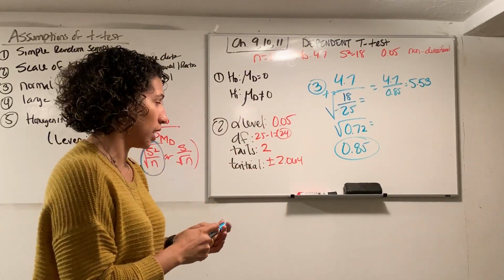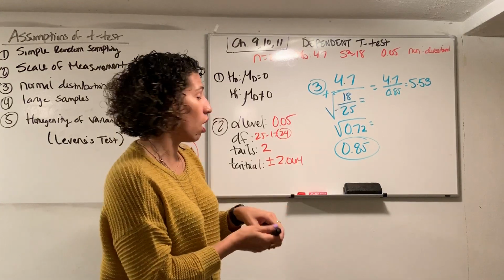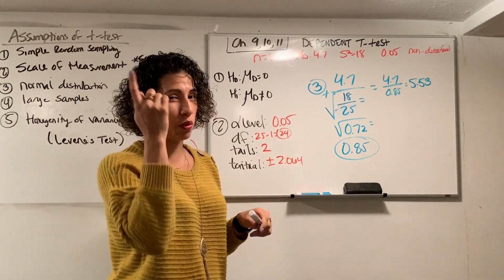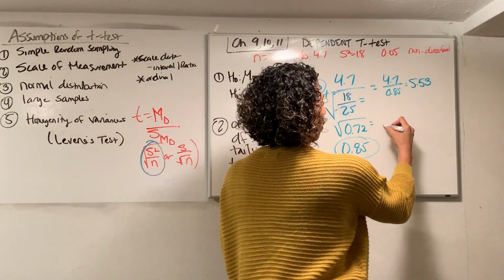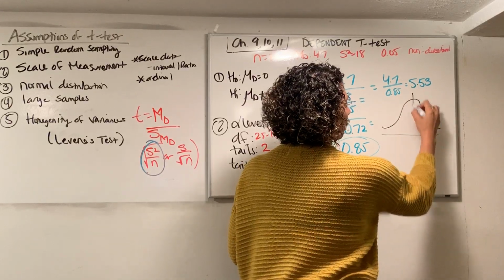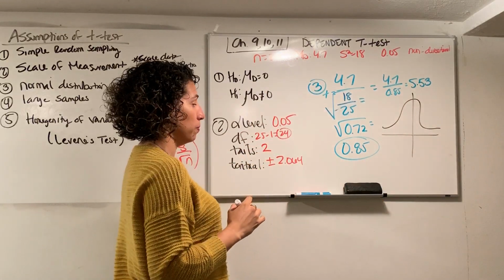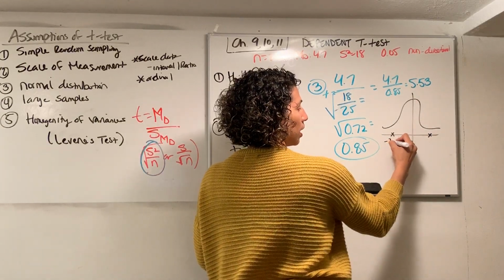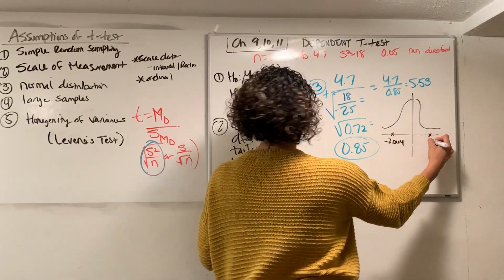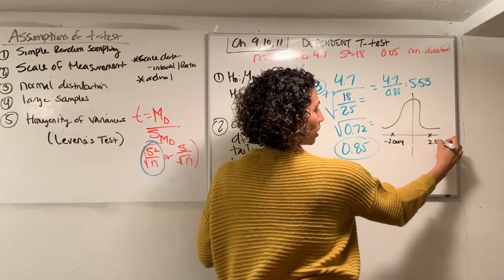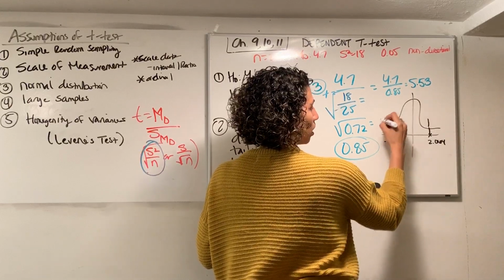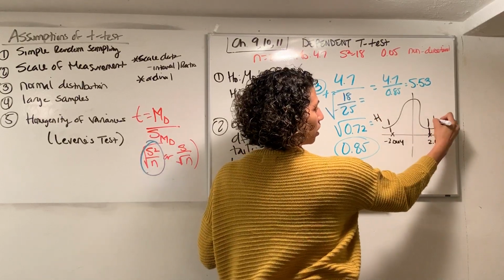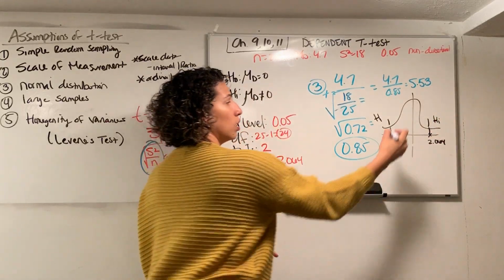And if your brain, once again, is a little lost in what we were talking about, remember, there's always a visual here. I'm a visual learner, so I draw things out. Right? Our mean is in the middle. And this is saying that this is where our tail begins. Negative 2.064, 2.064. This is H1, or in other words, the tail.